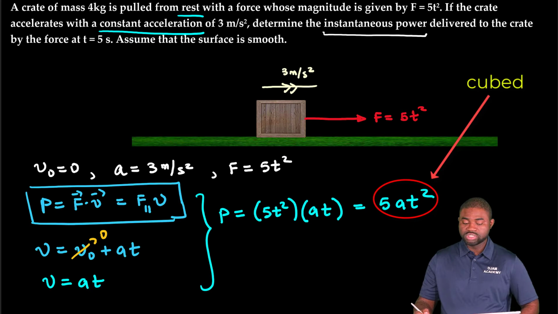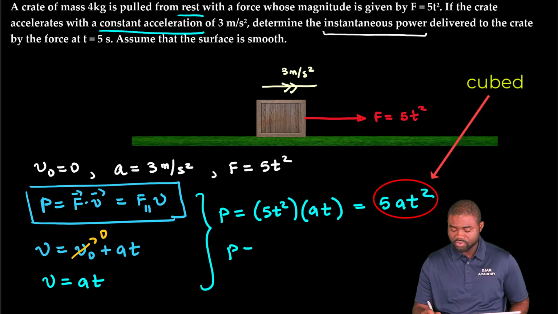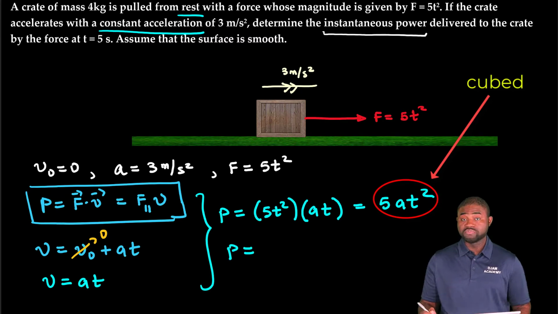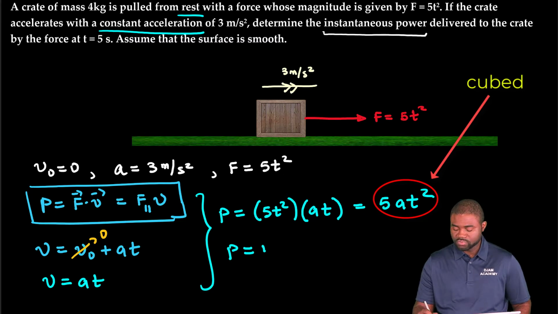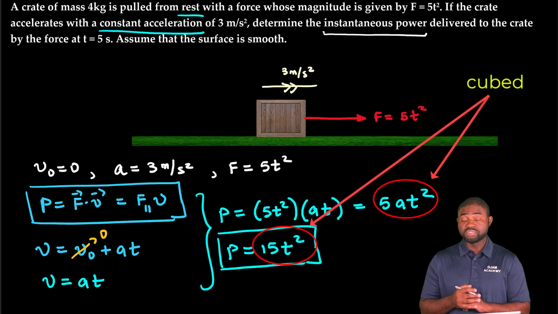But the acceleration of the crate is constant, given by 3 meters per second squared. This would mean that the instantaneous power as a function of time will be equal to 15t squared. This is the instantaneous power as a function of time.